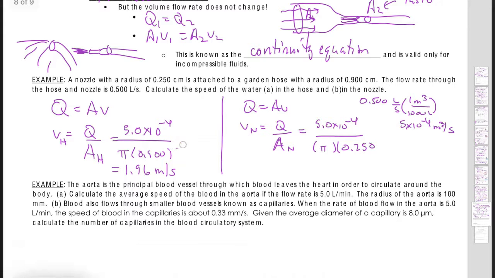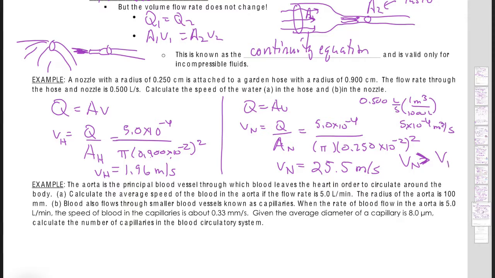This actually needs to be 0.900 times 10 to the negative 2, squared. So this needs to be 0.250 times 10 to the negative 2, squared, right? And that's going to end up being a speed of 25.5 meters per second. So you can see the speed in the nozzle is much greater than the speed in the hose.